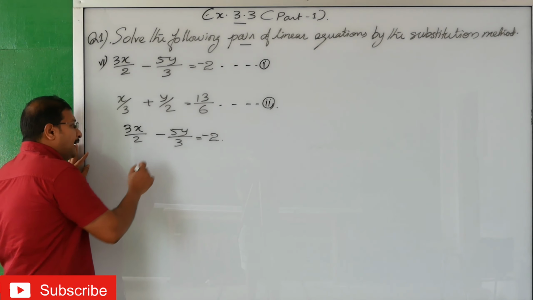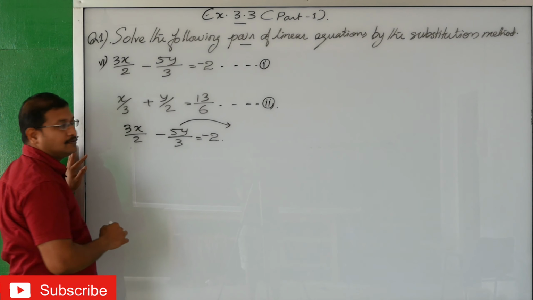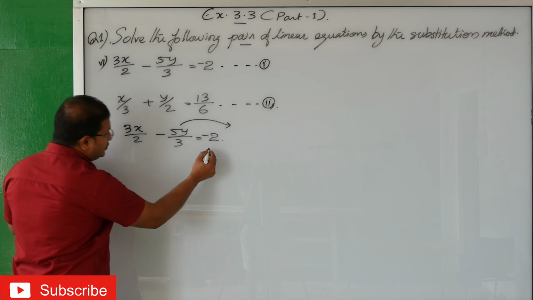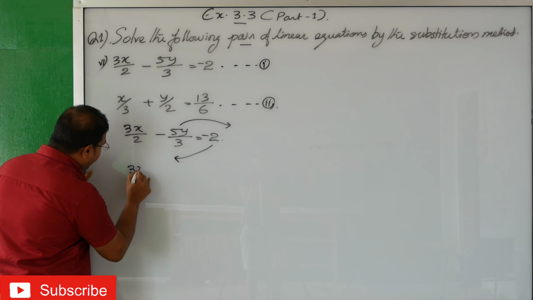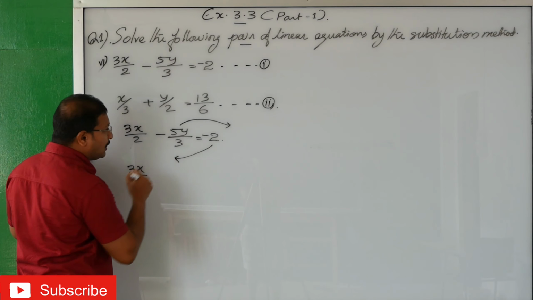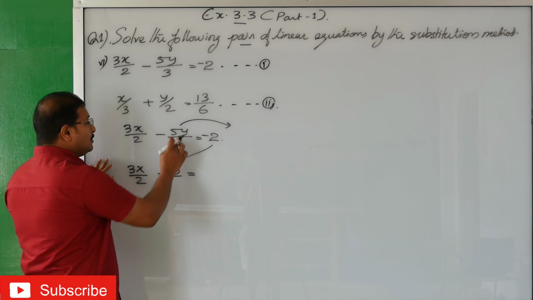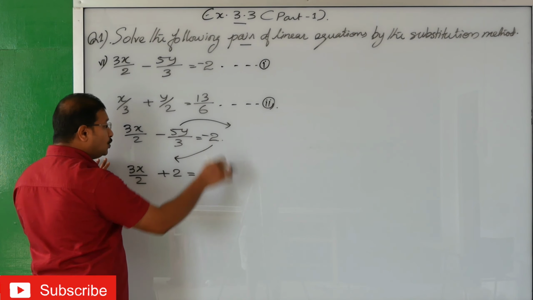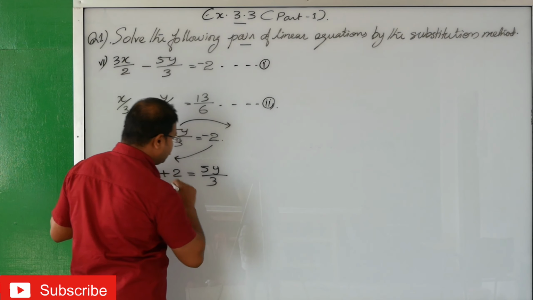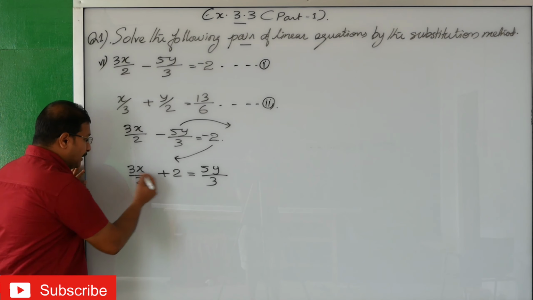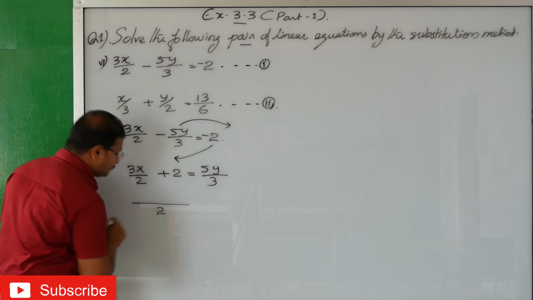Ready? Now what will you do? This term I am going to take to the next side. Ready? And this will carry to here. That means 3x by 2 minus 2 comes to the next side plus 2 equals minus 5y by 3 goes to the next side, it will be plus 5y by 3. Ready? After that I am going to take the LCM here. See, what is the LCM here? 2.